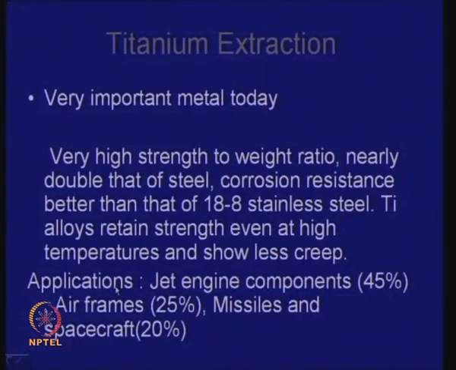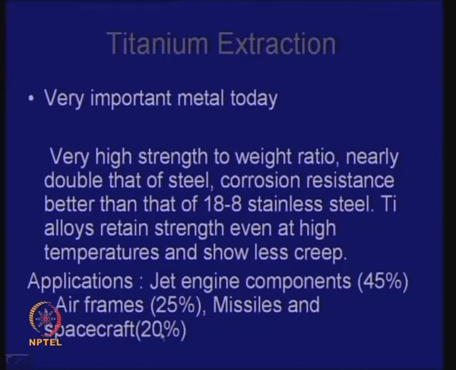And that is why it now finds applications in jet engine components. 45% of titanium is going into jet engine components, in airframes, and in missiles and spacecraft 20%. That is the relative consumption of titanium.